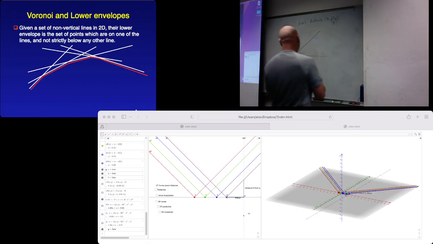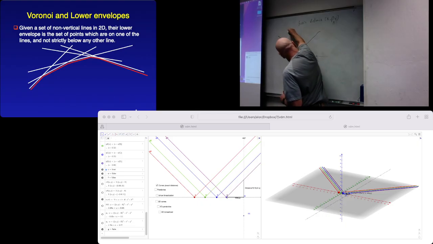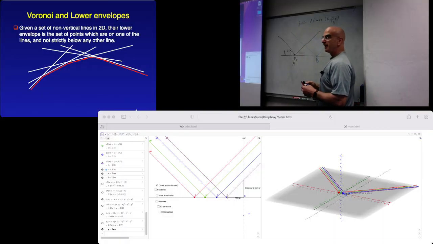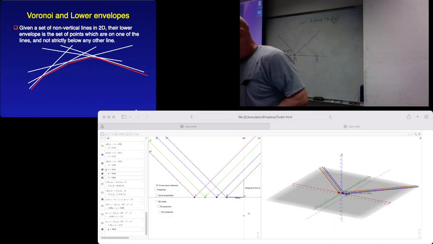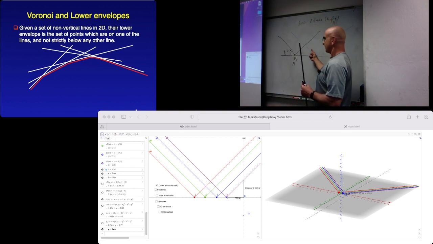Let's have another point. Here's another point, B. And notice that it's the same angle, the same 45 degrees. It's important. There is something called a multiplicative weighted Voronoi diagram.